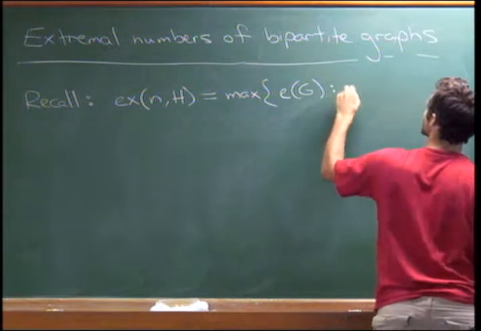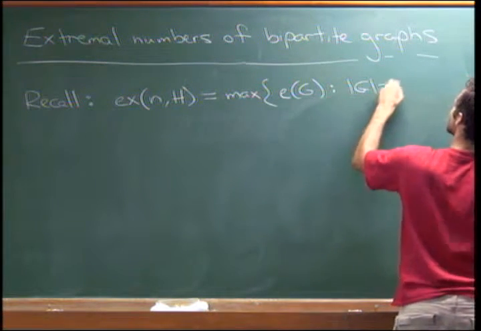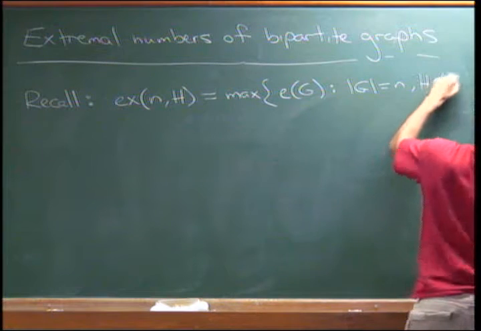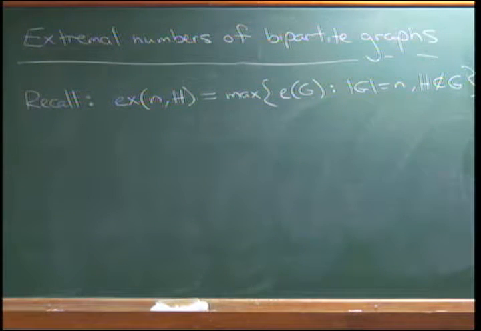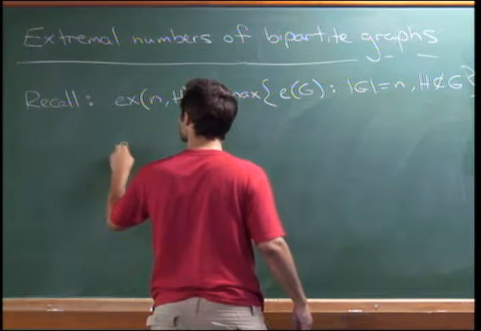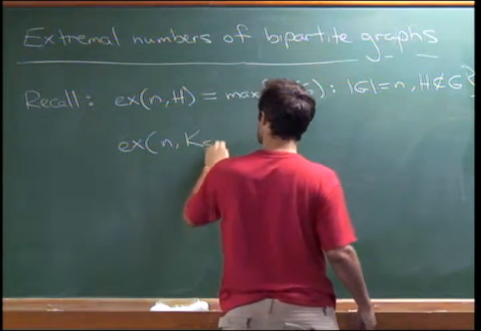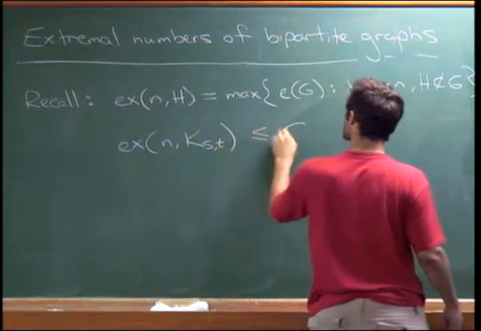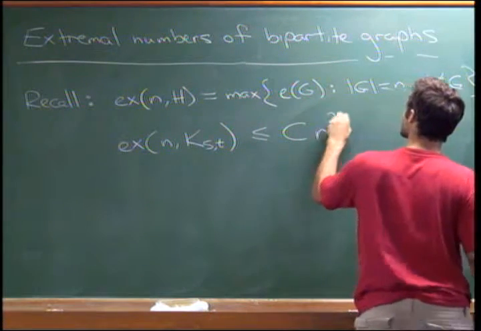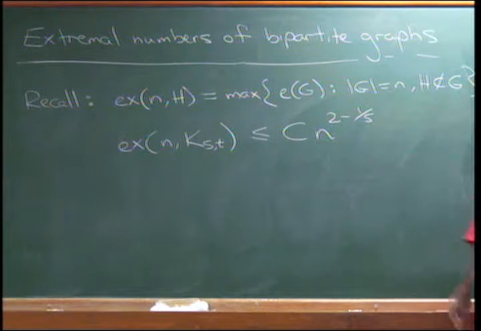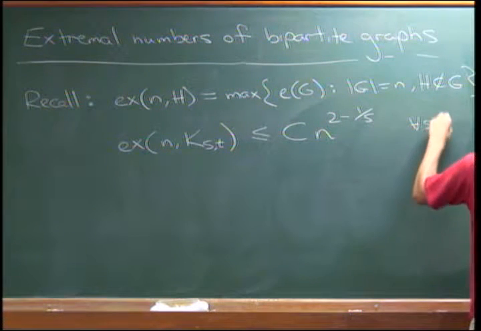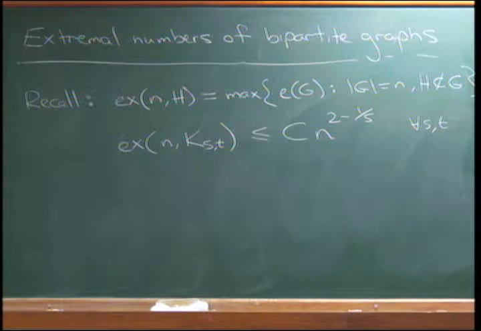Maximum number of edges in a graph on n vertices with no copy of H. And recall also the extremal number of K_{s,t} is almost a constant times n to the 2 minus 1 over s, for all s and t.